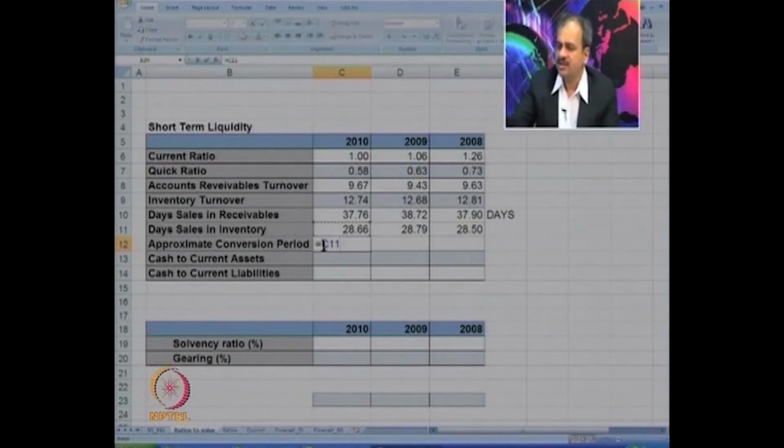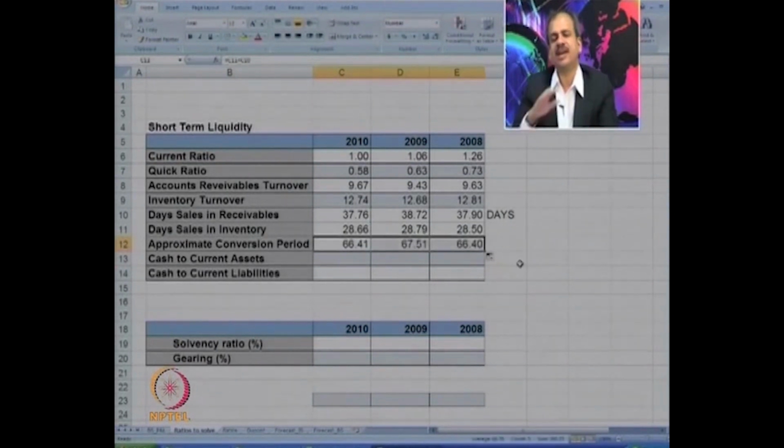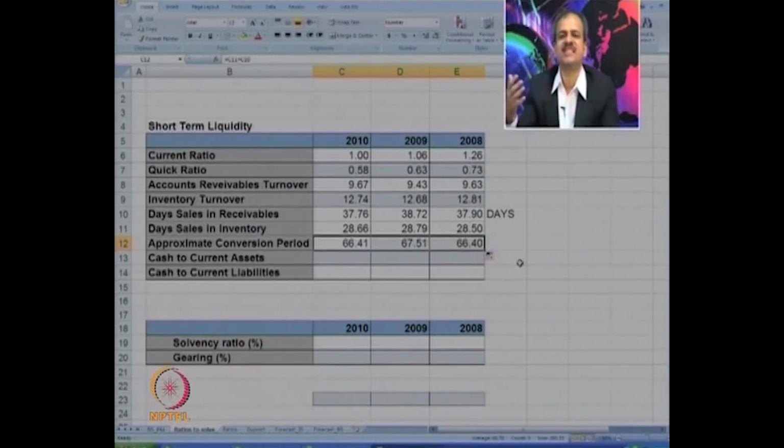So this is the total of the number of days which we have just calculated. Again it is bound to remain more or less constant. It takes about 66 days to convert. So by conversion what we are trying to see is, from the time we put the money in the current assets, how many days it takes to get it back in the form of sales.